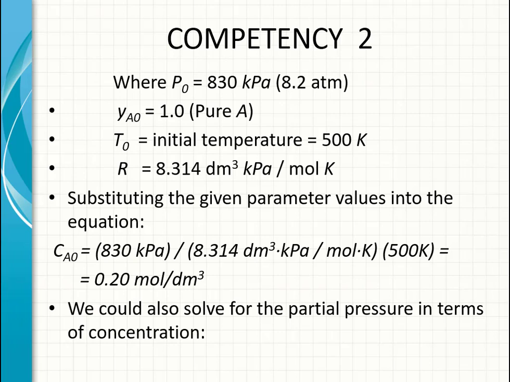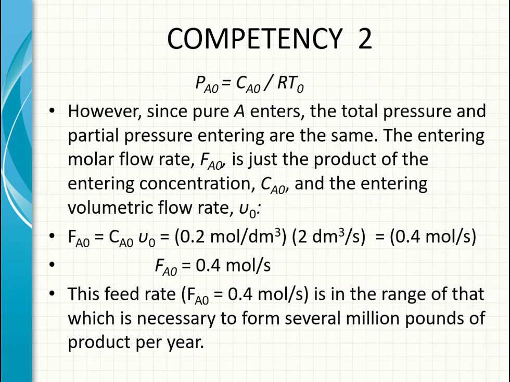We could also calculate the partial pressure in terms of concentration by the equation PA0 equals CA0 times RT0. But since only pure A is entering the reactor, the total pressure and partial pressure are the same.